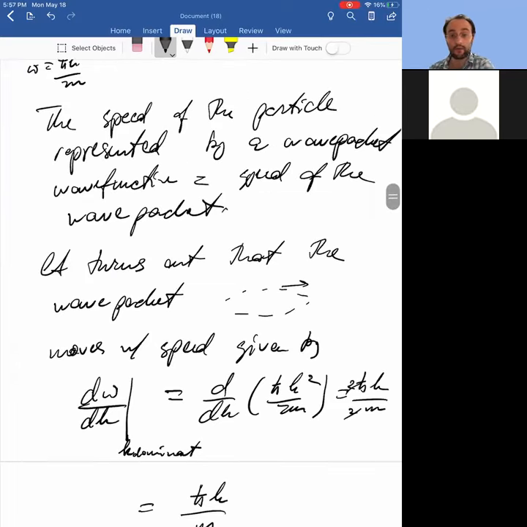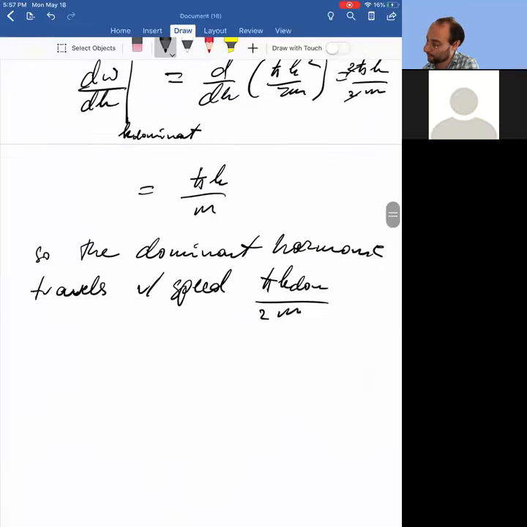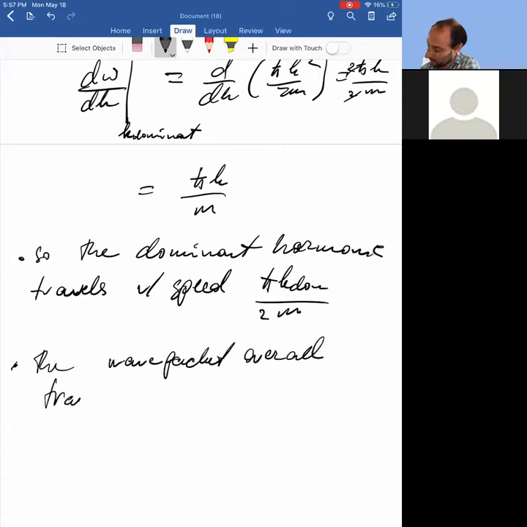Any harmonic travels with speed h bar k over 2m, and the wave packet overall travels with speed h bar k dominant over m.